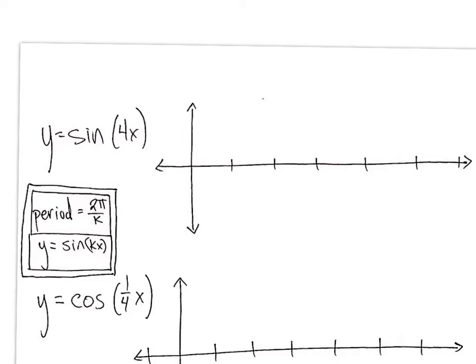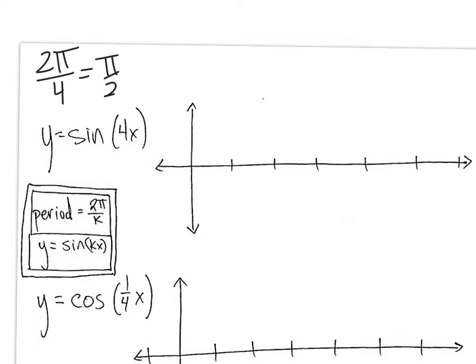So we're going to see if we can kind of shortcut. We know that there's a number in front of x, and we're trying to figure out what the graph of y equals sine of 4x is. So the period, meaning the time it takes, or the angle that it takes for one complete pattern, is 2 pi over 4, which is pi over 2.